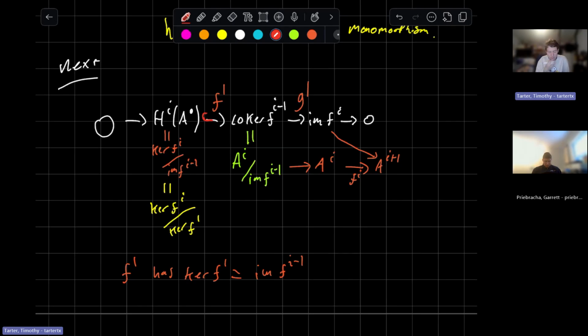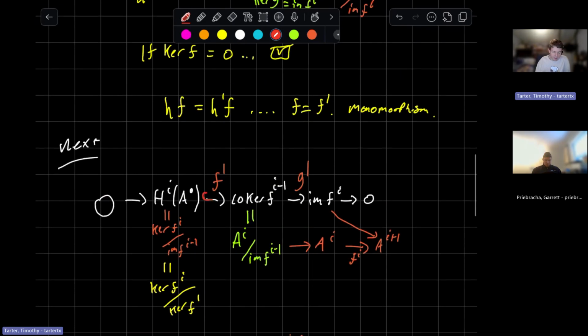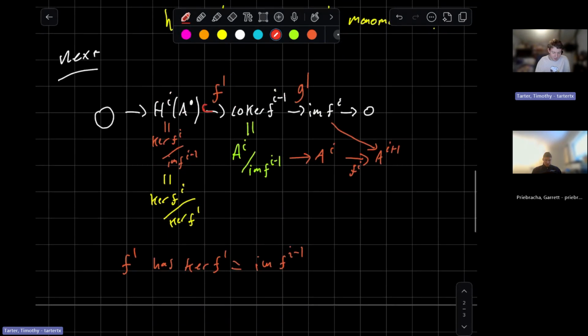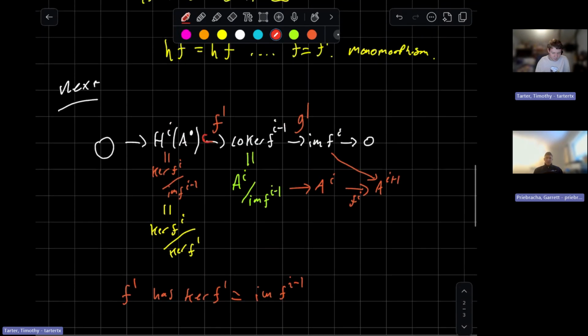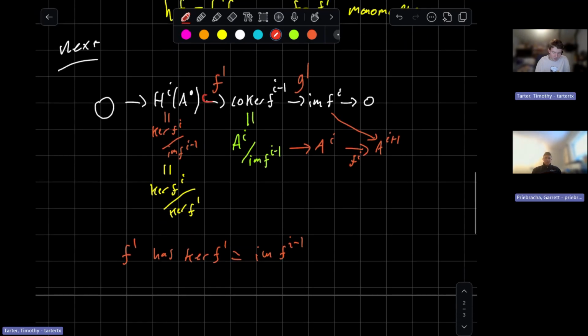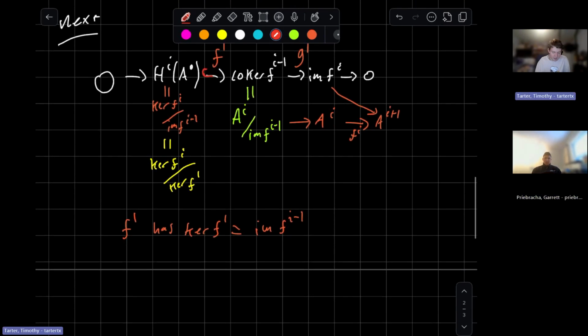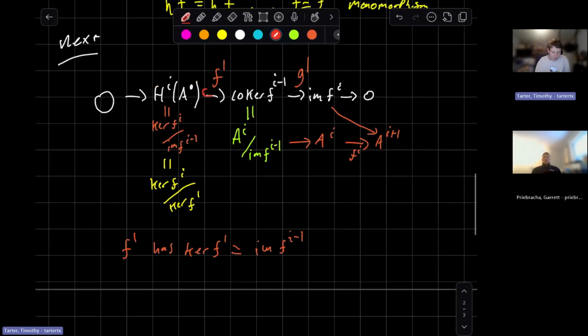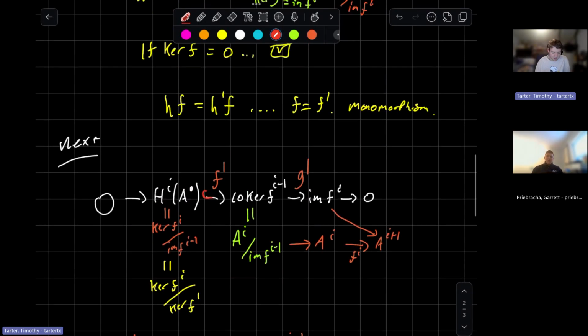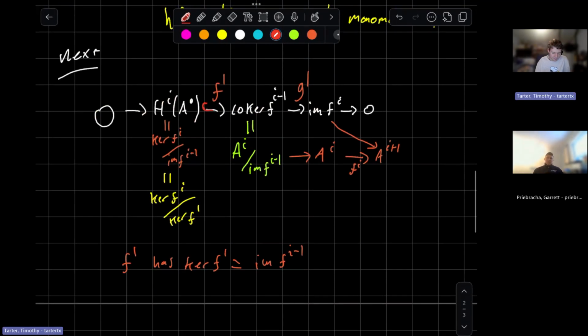And since they both have the same mod, it should just be a subset of the co-kernel. That makes sense, we want G prime to have kernel which is the image of F prime.